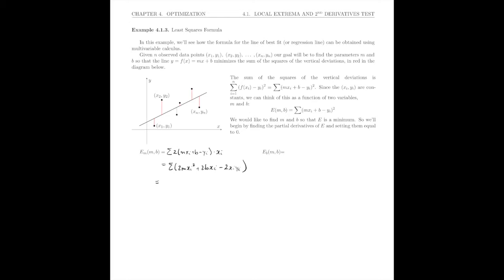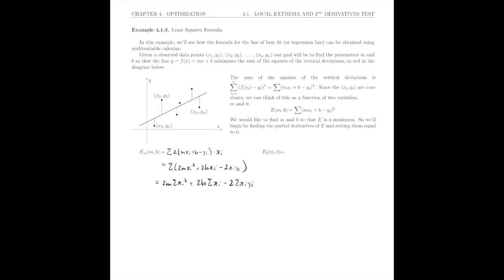So the constants now are the m and the b and the 2, because the i is what's changing in the subscript of summation. So let's bring out 2m, and we'll have the sum of xi squared, plus 2b, the sum of xi, minus 2, the sum of xi yi.